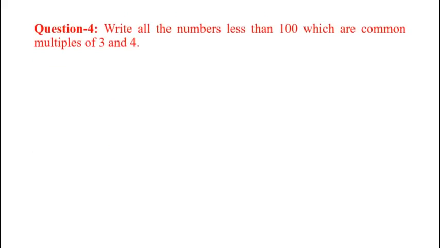Then question number 4, write all the numbers less than 100 which are common multiples of 3 and 4.